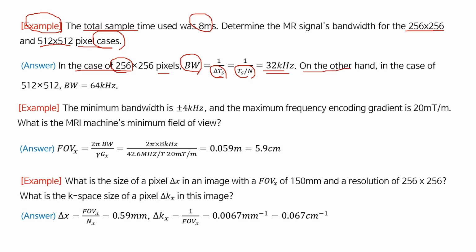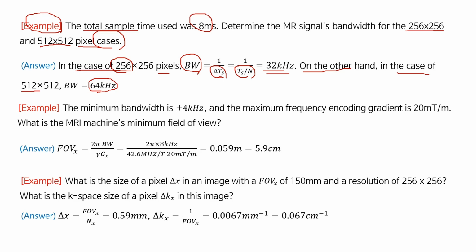On the other hand, in the case of the 512 image, bandwidth is 64 kHz. In the case of the 512 image, the signal contains more waves with different frequencies.